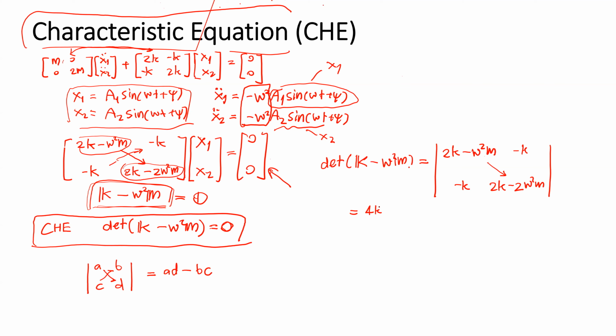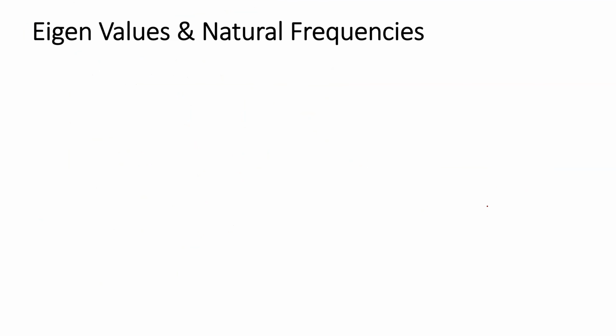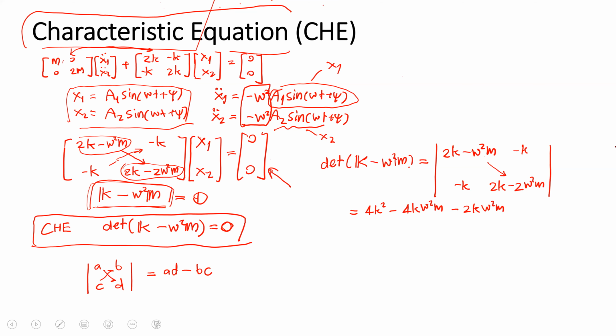So we have 4k squared subtract by 4k omega square m and 2k omega square m and 2 omega power 4 m square. Is that correct? Yeah, yes, thank you.